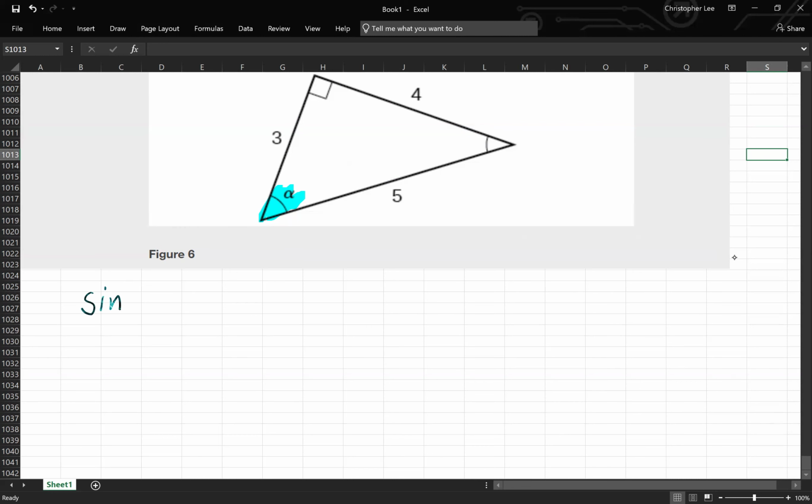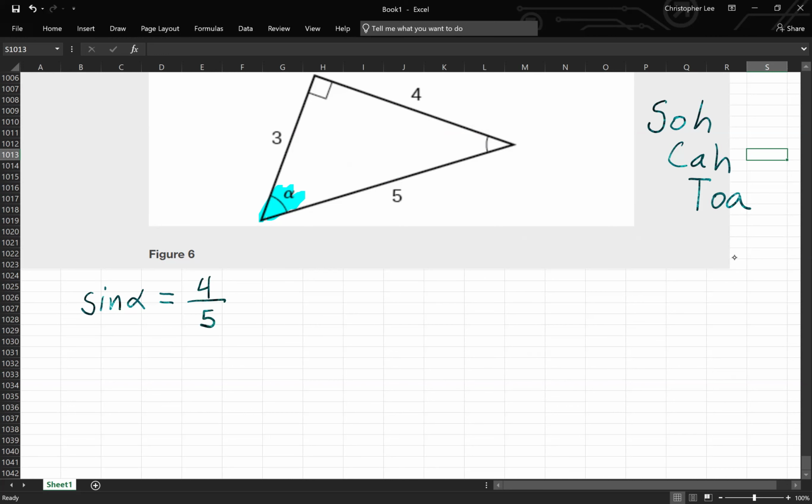Let me start off right here. I don't have a formula sheet like you guys, so I have to use my mnemonic. So SOH CAH TOA. Sine alpha, we know, is opposite over the hypotenuse, right? Opposite is the 4 over the hypotenuse, which is the 5.